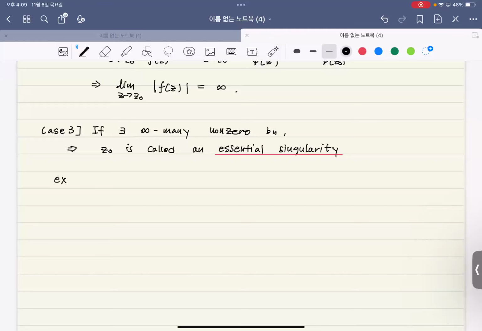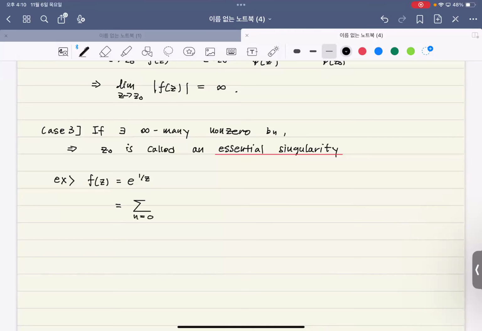What is an example of an essential singularity? I say this function. The exponential function is an entire function, but here it has been composed with 1 over z. Therefore, this function is obviously not defined when z equals 0. Let's find the Laurent series of the function.